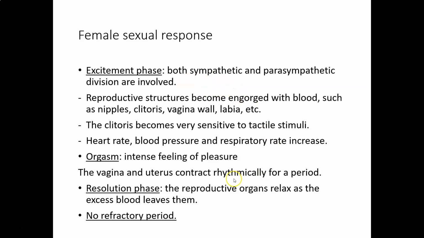Then after the orgasm, you have the resolution phase. All the reproductive organs relax, and the excess blood is going to leave them. Essentially the same thing happens in the male sexual response; just the presentation is slightly different.